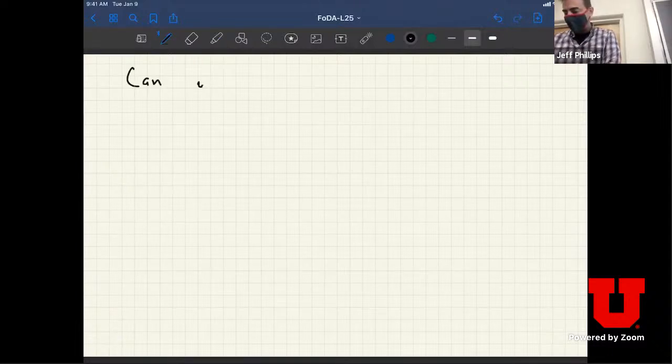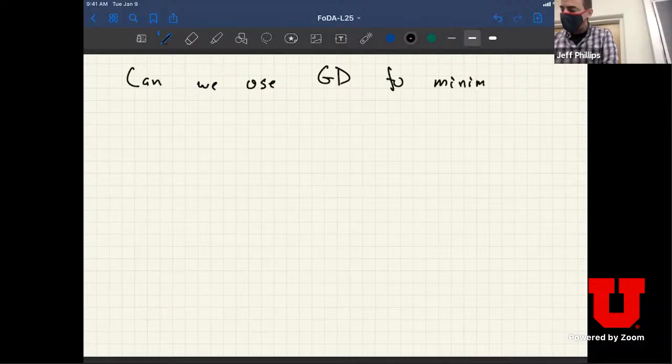So can we use gradient descent to minimize this? I'm going to try and write down the cost function we want to minimize, and I'm going to call this delta of g of alpha of x, y.